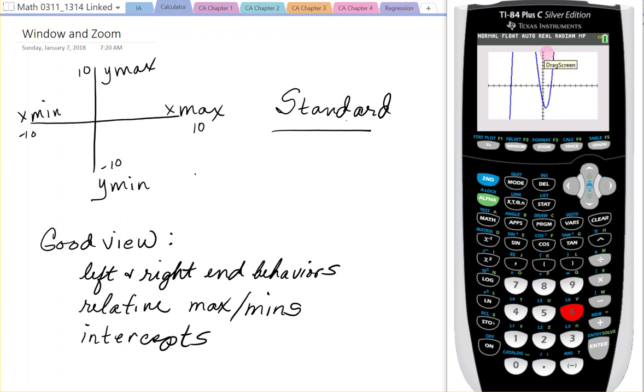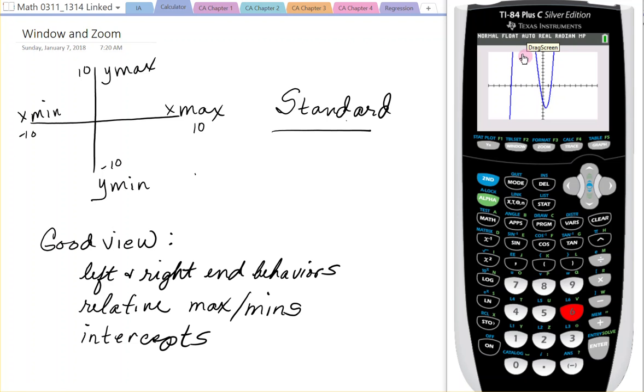Now, if it were a little later in the semester in our course, you would know that a x cubed function, a cubic function, is down on the left, it is up on the right, and it looks a little bit like a roller coaster. And so the down on the left, I see it is going down, I see it is going up, I'm seeing the general behavior, but I am missing something up here.